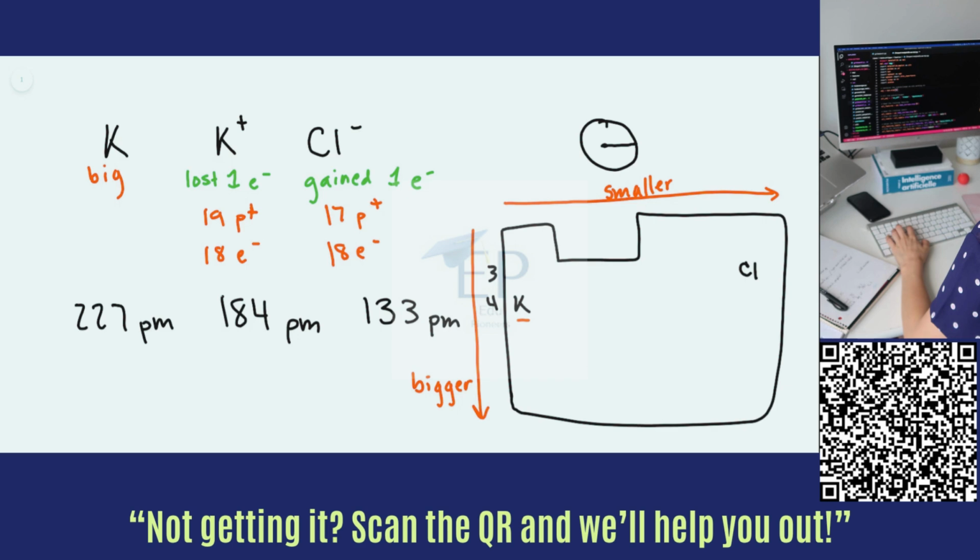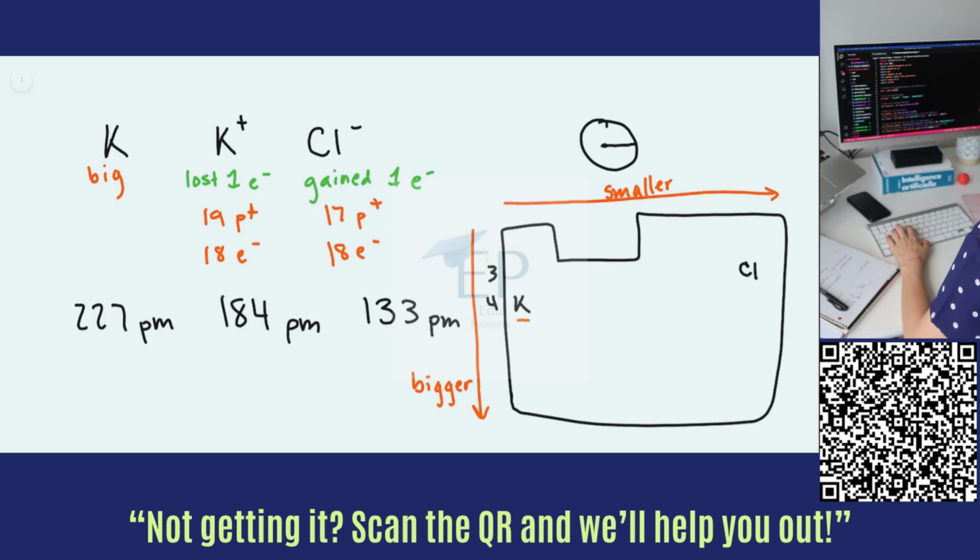Okay. So here's where we're going to find some helpful information to get us to the final answer for this problem. Typically, when an atom loses electrons, it tends to become smaller. That's because it has fewer electrons for the nucleus to pull in more tightly.